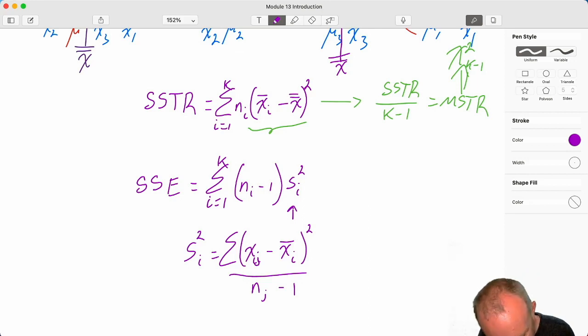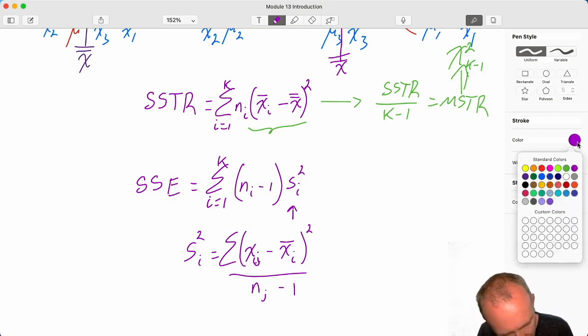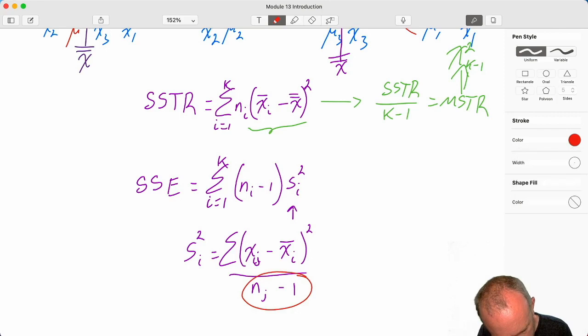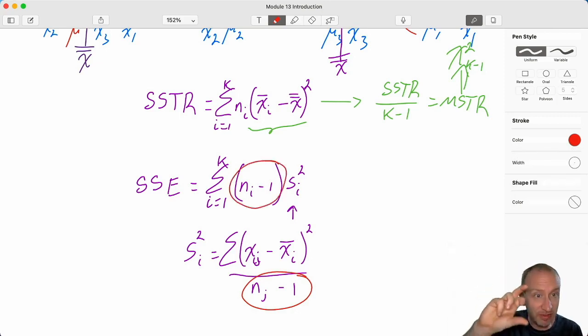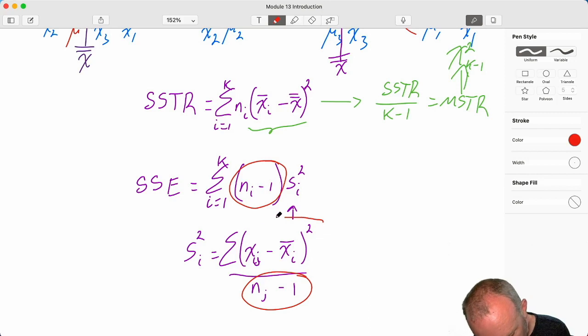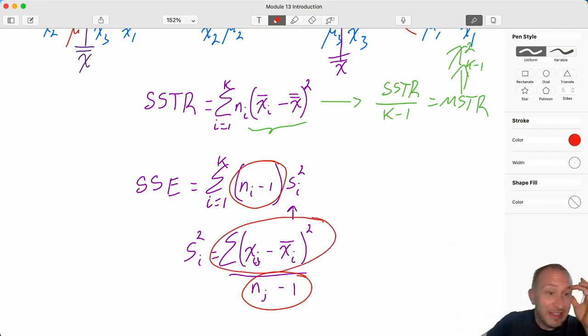When we divide it by this n minus 1, but then here we're multiplying it by n minus 1, so those effectively cancel out. So what SSE essentially is only those differences between individual observations and their specific sample mean.